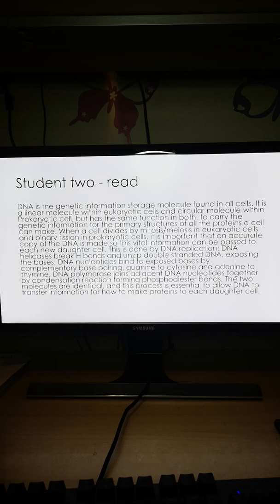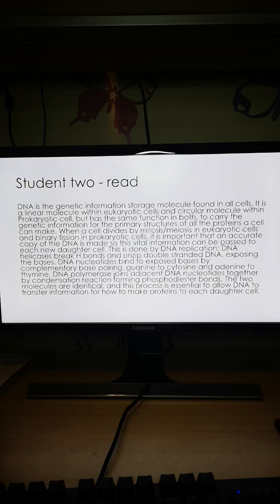Okay, have a look at the next extract. DNA is the genetic information storage molecule found in all cells. It is a linear molecule within eukaryotic cells and circular molecule within prokaryotic cells. So there's a bit of A level in there, but has the same function in both: to carry the genetic information for the primary structure of all the proteins a cell can make.